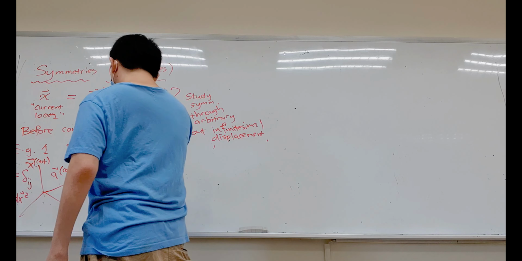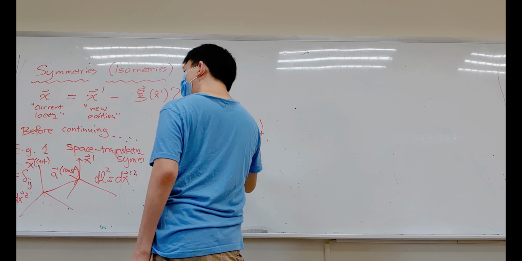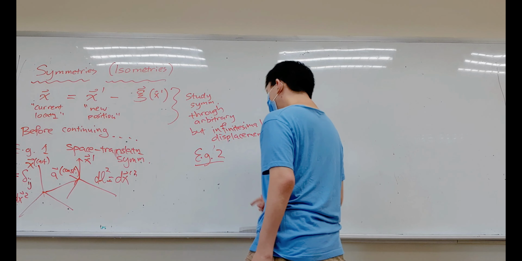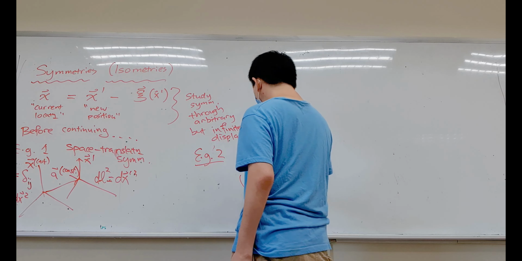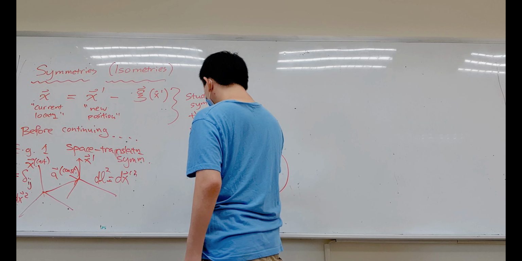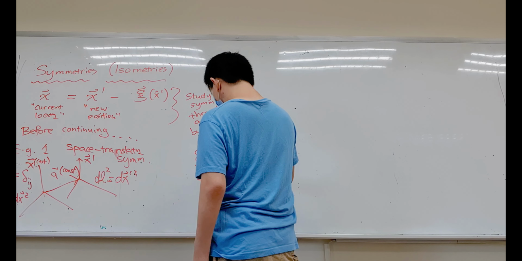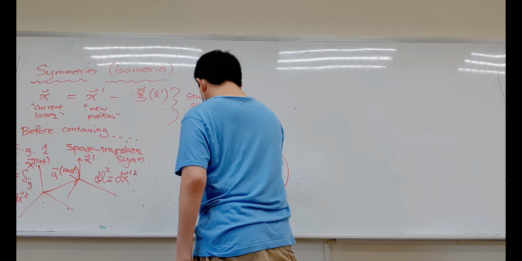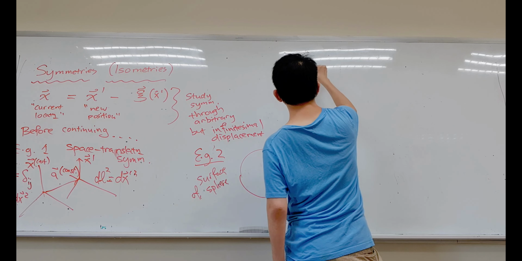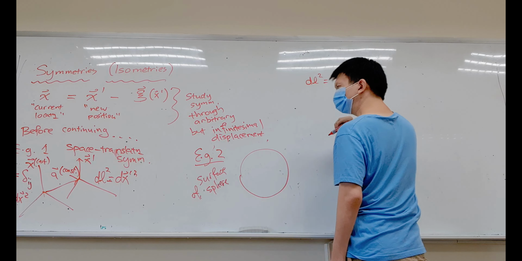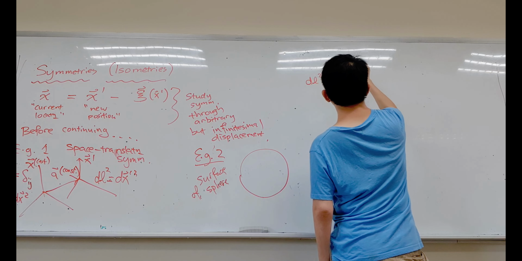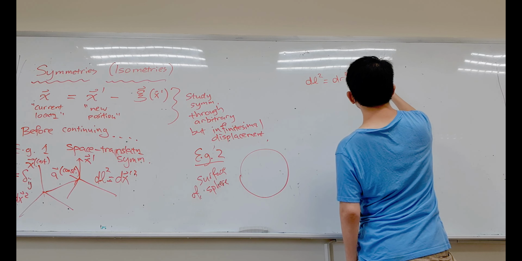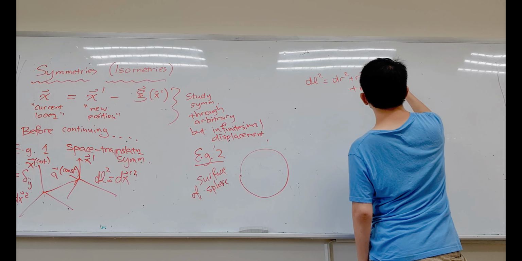So that's one example. The second example is slightly more complicated, but I think equally intuitive. Let's say you study the surface of a sphere. We remember that in three-dimensional space, we have written down the metric dr squared plus r squared d theta squared plus r squared sine squared theta d phi squared.